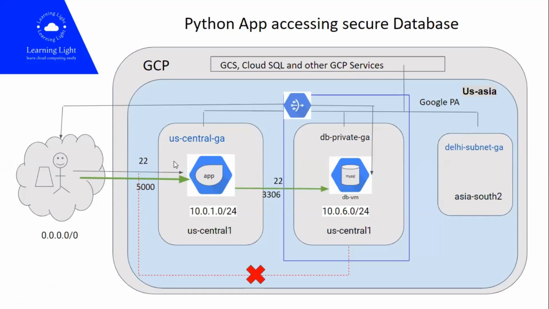Anyone in the world can reach the app server through port number 5000, but no one can access the DB server through any port. Thus, we kept our database private, secure from the outside world. But note, the app server is still open and we are not secured here.